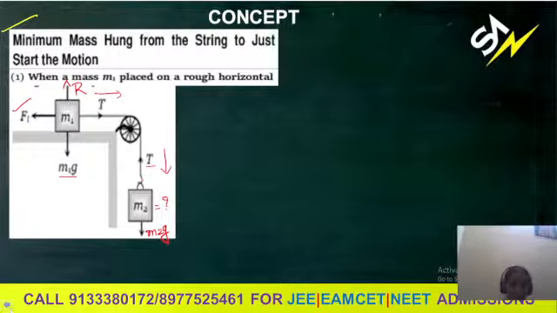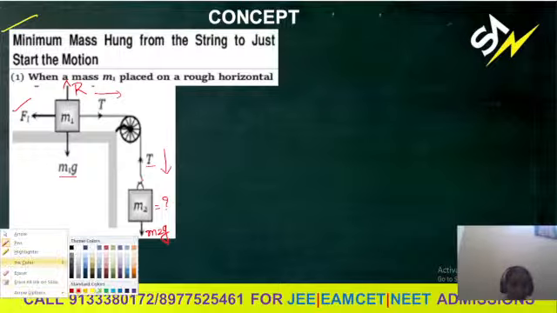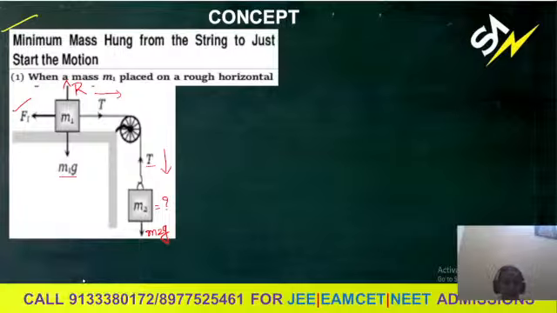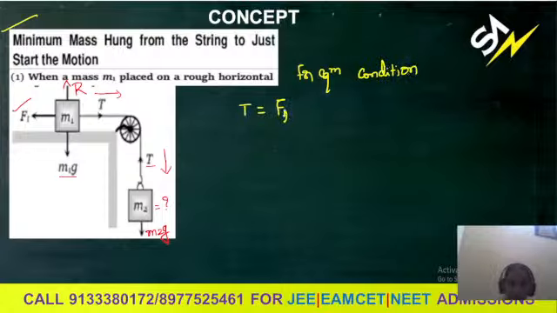Now let us see. We need to find what is that minimum mass hung from the string. For that, tension at this situation is, for the equilibrium condition, the tensional force along the string balanced by the maximum limiting friction that develops. And this T is created due to the mass M2.